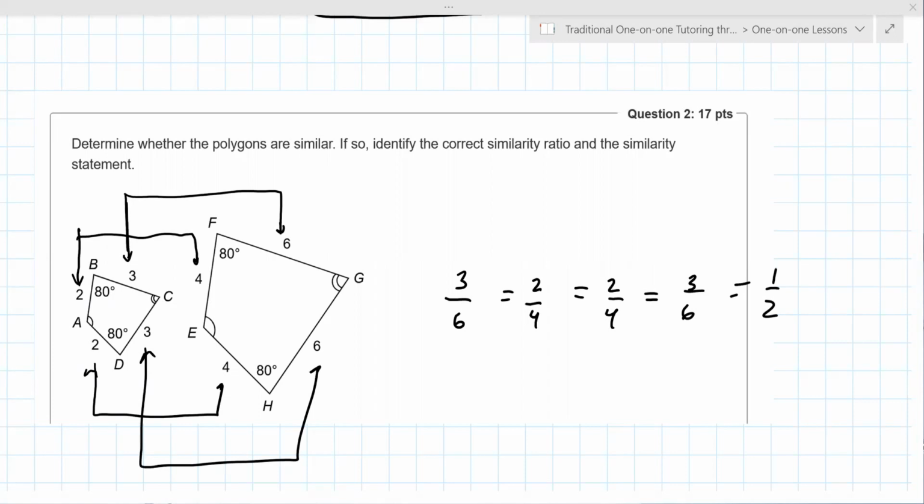I'm struggling here to read. That's like one of the proofs. AB and EF. AD and EH. BC and FG. All right, there it is.